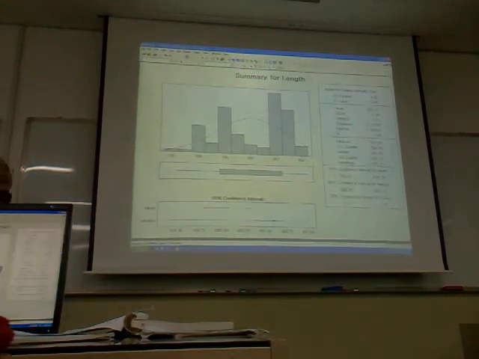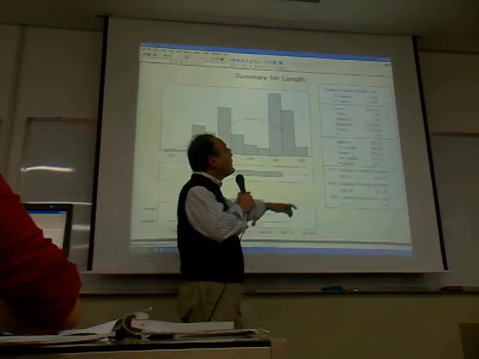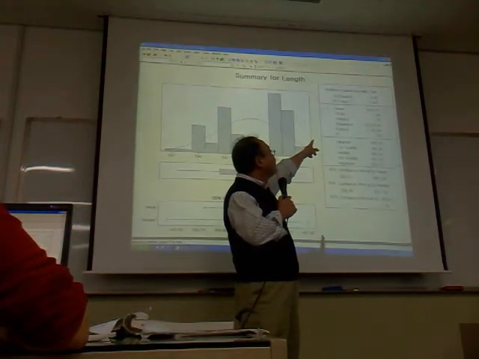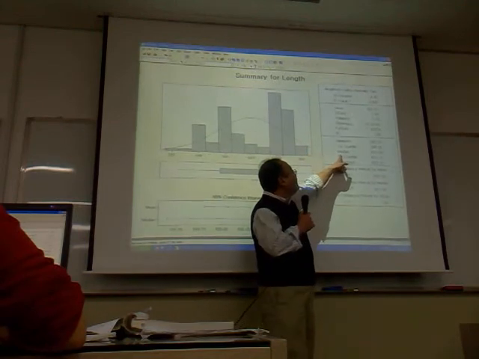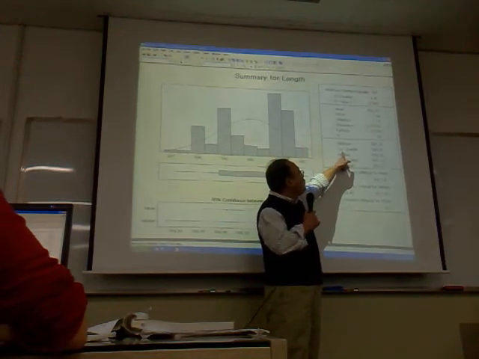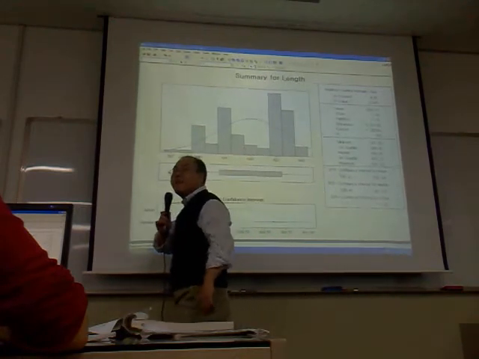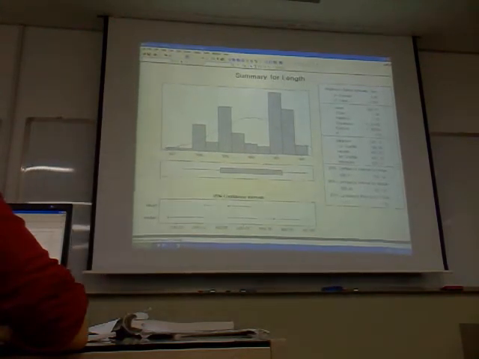Using this graphical summary, you will see the mean, standard deviation, variance, median which is Q2, Q1, Q3, maximum and minimum. You will see the basic information.